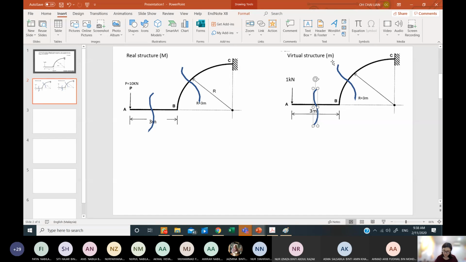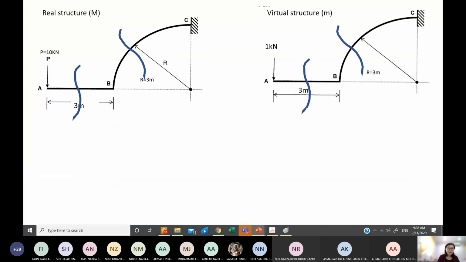One is from here. My X1, this is 1-1, and this is my 2-2.